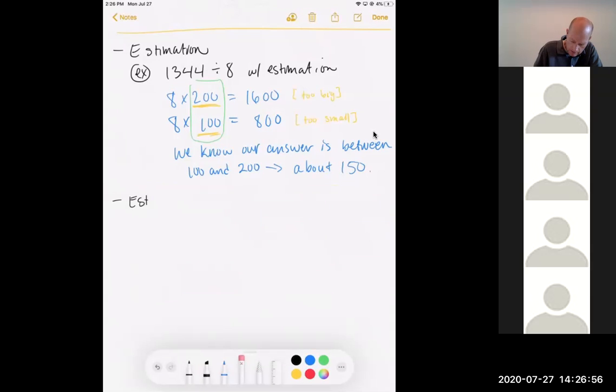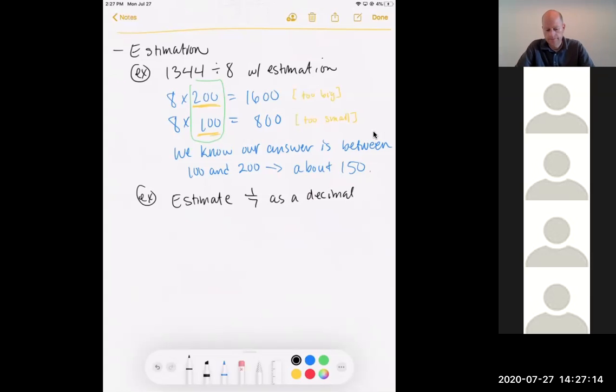Here's another example. You can estimate 1/7 as a decimal. What would 1/7 be as a decimal, do you guys think? And why?